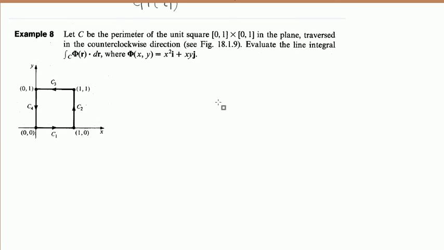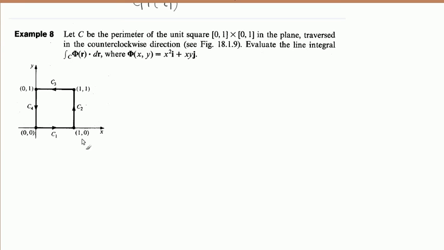All right, let's read this problem. It says C is the perimeter of the unit square, [0,1] by [0,1], not the region, this curve and that curve and that curve and that curve. They're all oriented in this way, counterclockwise. So, does the first sentence make sense with the picture? Okay. Then evaluate this line integral.